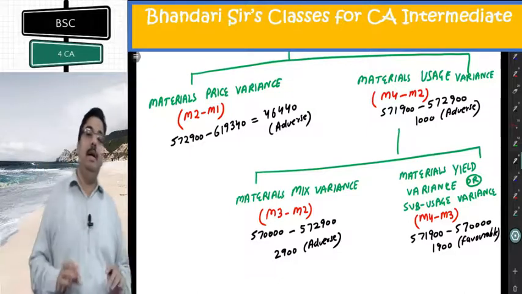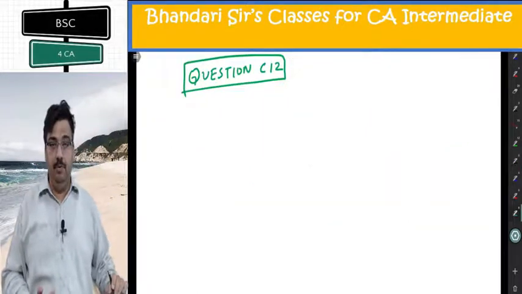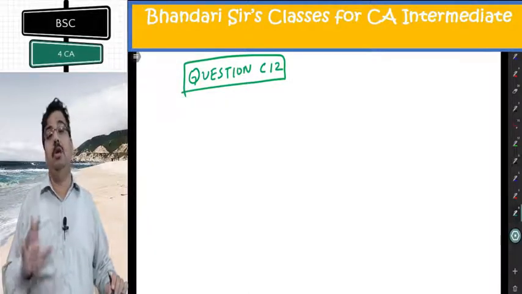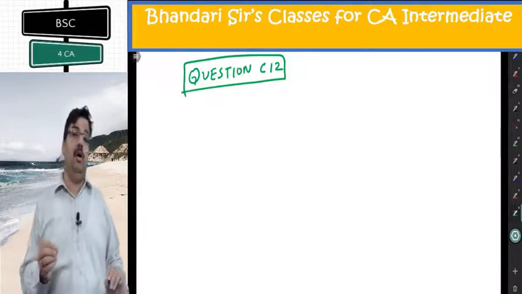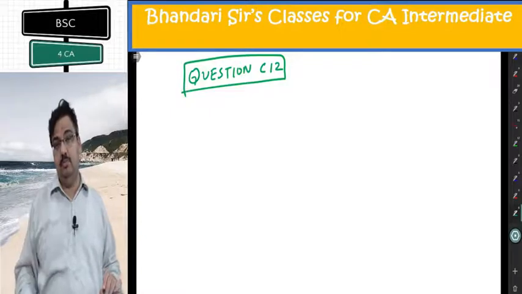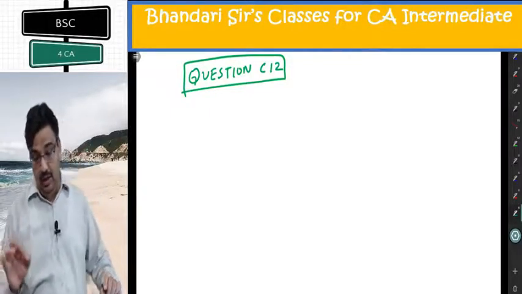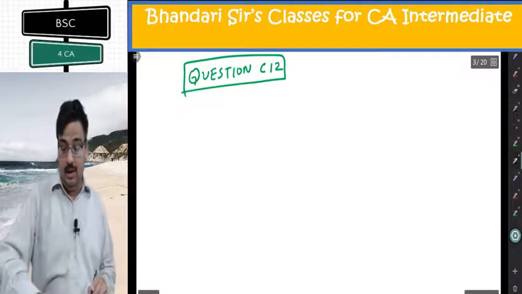This is complete C11. The next one is question C12. Next three questions are type of missing figure questions. They are not computational questions. If you can recall, we did one missing figure question in sale value variances. This is quite similar. So let us focus on the information given. So I focus on what is the data which is given.